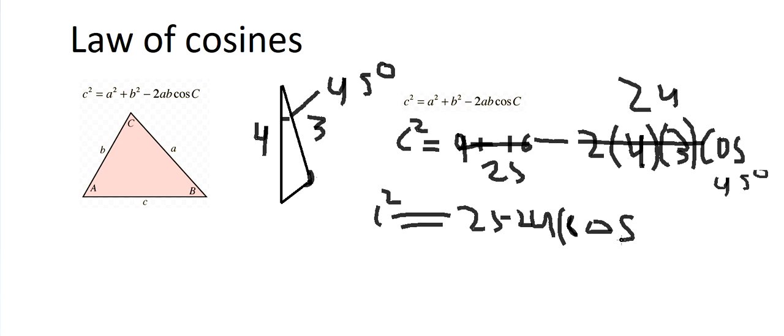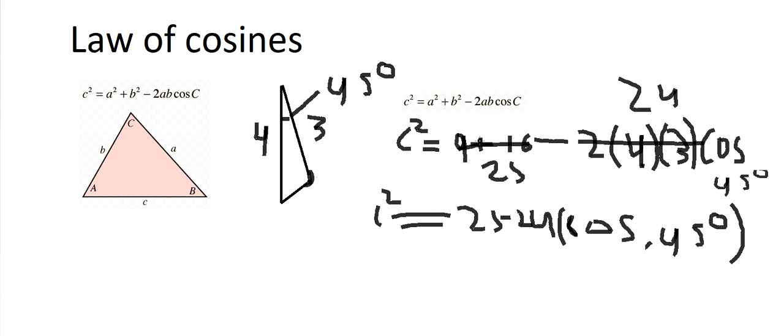Cosine of 45 degrees is square root of 2 over 2.